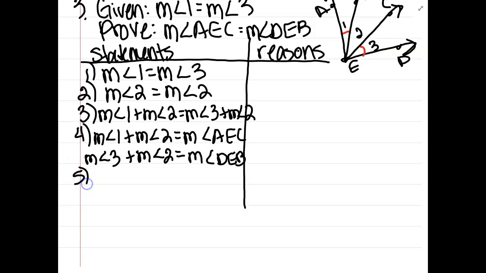And then finally, the last step is going to say the measure of angle AEC equals the measure of angle DEB. So this is the trickiest of all of them for sure. Okay?